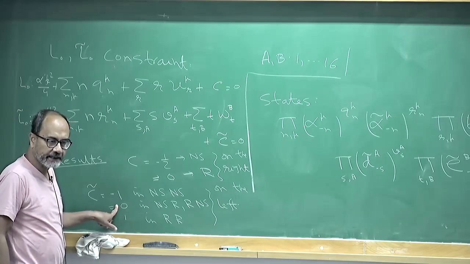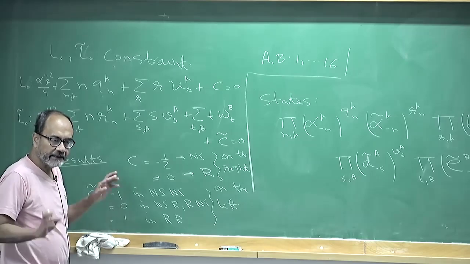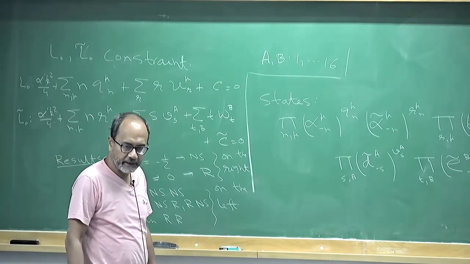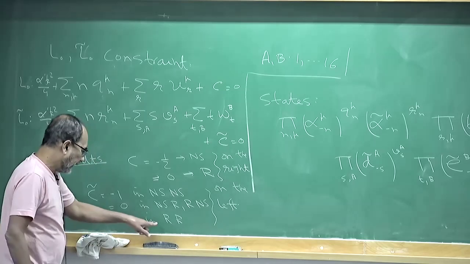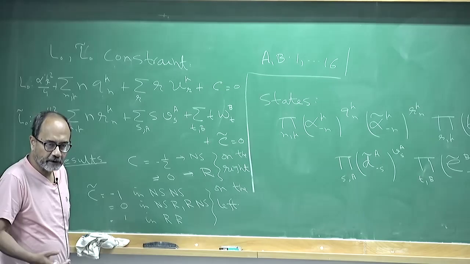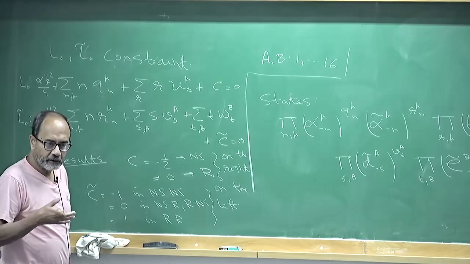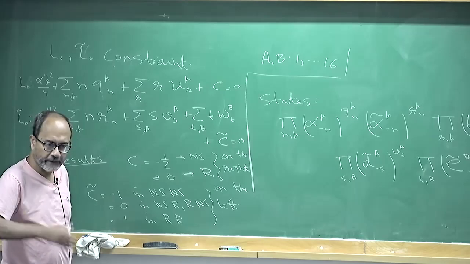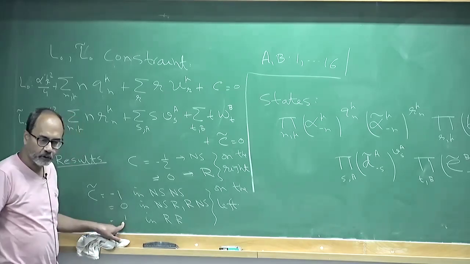In the bosonic string case, you also had C tilde equal to minus 1. This was also true in the heterotic case: in the NS sector it was minus 1. RR is like you are putting periodic boundary conditions on all the fermions. This should coincide with the periodic boundary condition in the R sector of SO(32), and that was indeed C tilde equal to 1.